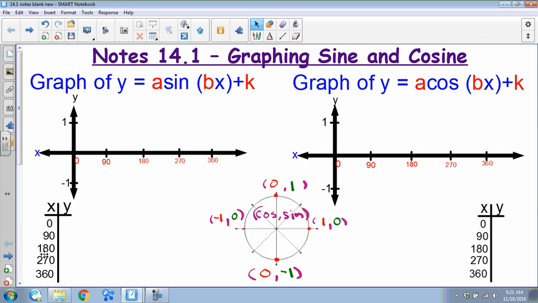But if I separate that into two separate graphs, let's do our sine graph, where your x-axis represents the angle, either in degrees or radians, and your y-axis represents the output. So your x-axis is the input, that's your angle. If you said sine of 0 degrees, the y-axis is your output.